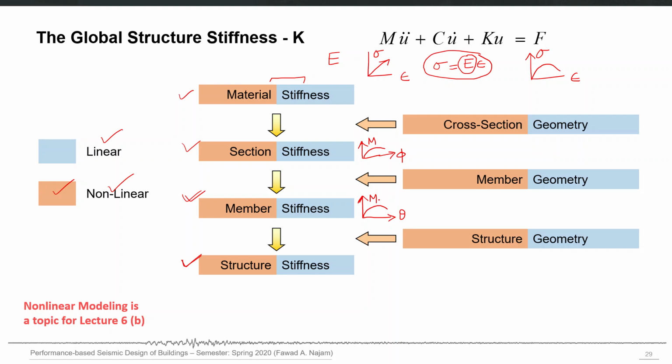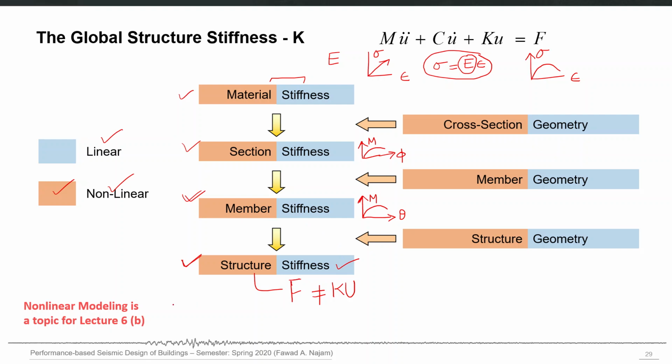And if we make any of these material, cross-section or member level as non-linear, that non-linearity will automatically manifest itself at the structure stiffness level. So the overall structure in case of a non-linear material or a non-linear cross-section or member behavior will not follow F is equal to Ku. So F will not be equal to Ku for such a structure where any of the above elements or levels will have non-linear stiffness in them.